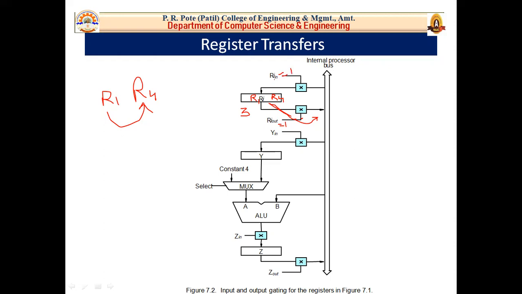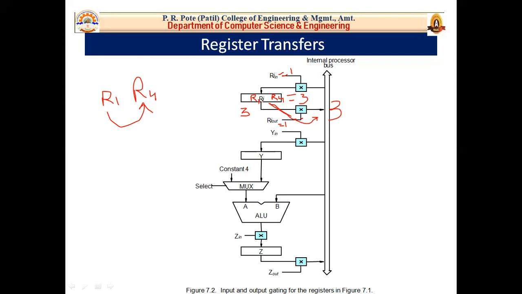When this Ri in control signal is set to 1, this switch will be on, and now we are able to transfer the data from the processor bus to the register. So this loads the data from the processor bus into register R4. Now your processor bus is holding 3. Now when this input signal is 1, we can transfer this 3 to R4. Now R4 will again become 3.